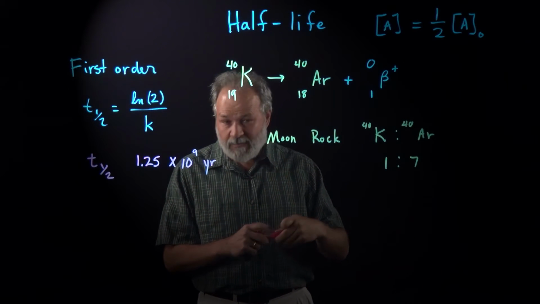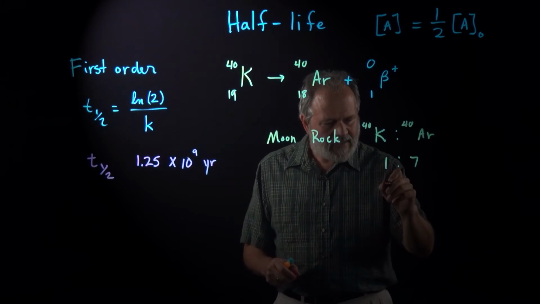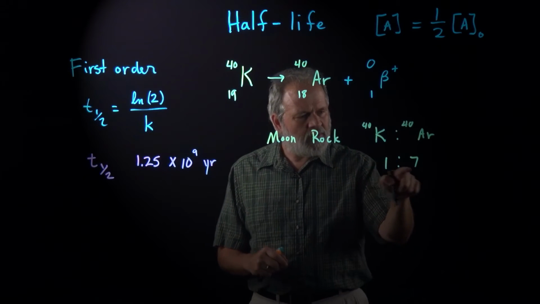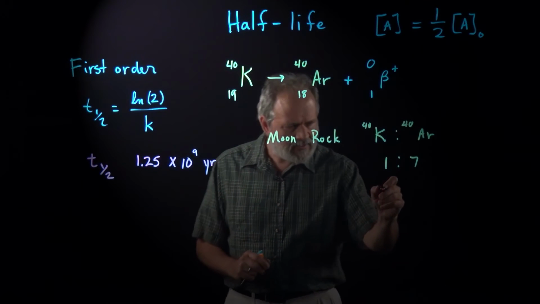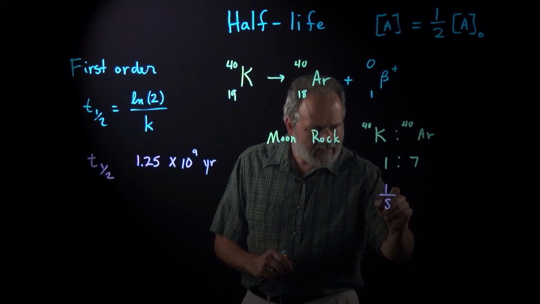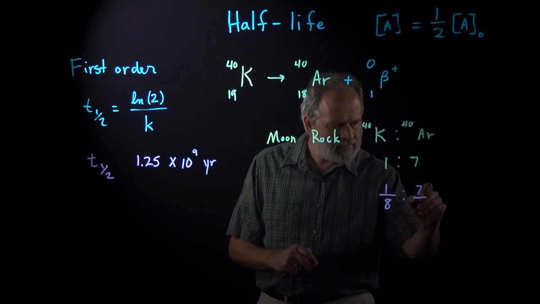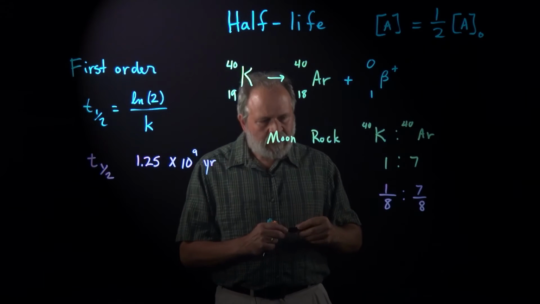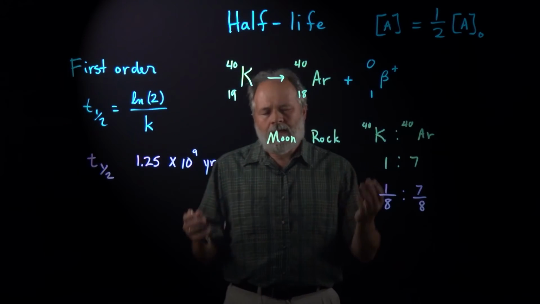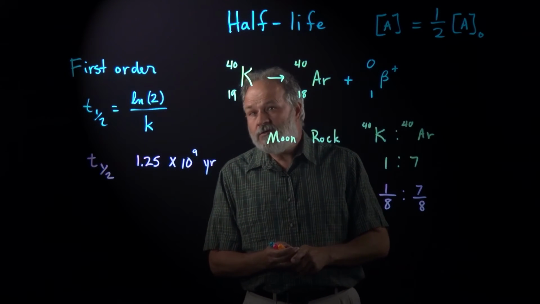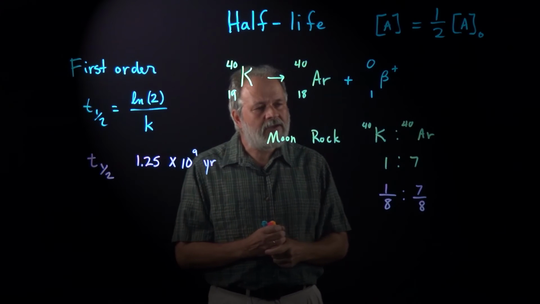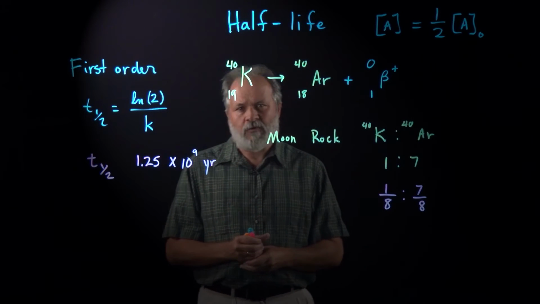Well, if you remember your mathematics, as far as fractions go, this is 1 part, this is 7 parts, total of 8 parts. So 1/8 to 7/8. So 1/8 of the original material, the radioactive isotope, is remaining.